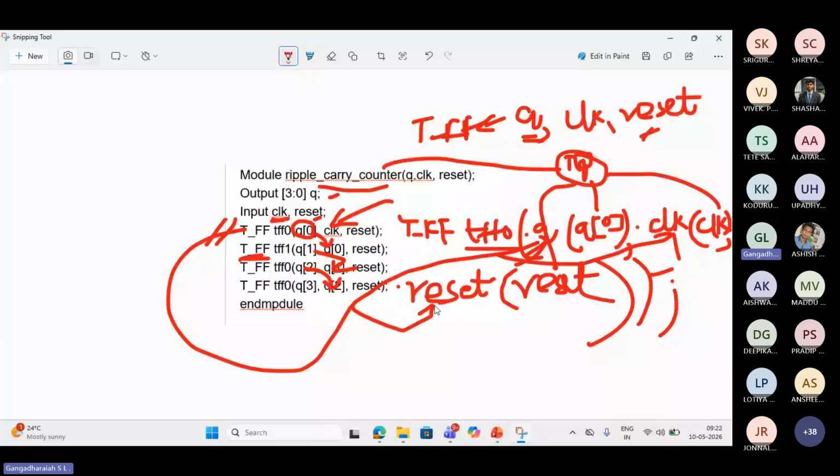Yeah, so is this clear? Come on, tell me. If we have a smaller number of flip-flops or blocks, we can use the explicit way of connection. Yes, you are absolutely right. As far as instantiation, there are various ways, something like generate.